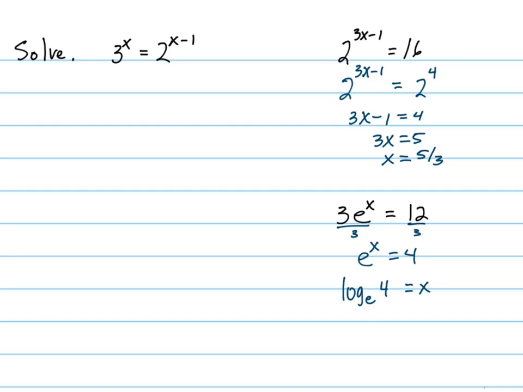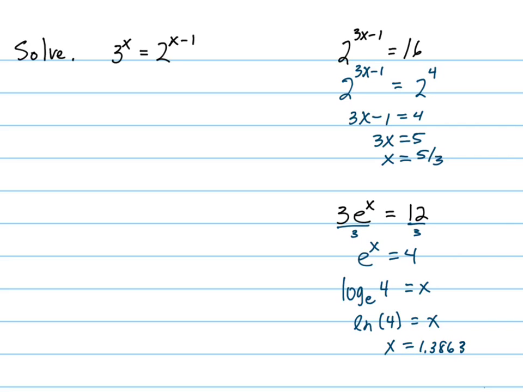We would want to write it as ln of 4, using the parentheses, equals x. And so when you find the natural log of 4, you'll get 1.3863. Notice I'm going to go to 4 decimal places.